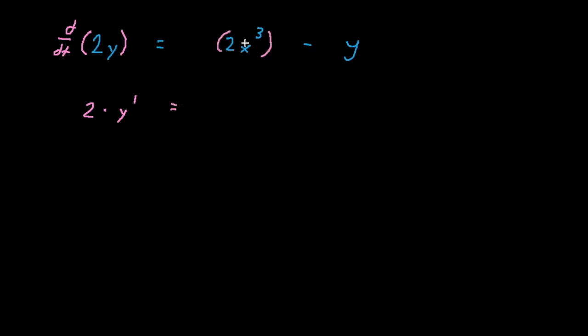Then we'll take the derivative of this part with respect to time. The derivative would be 6x squared, but since x and t don't match, we'll also need to have multiplied by x prime. And then finally, we'll take the derivative of this last part, and it's y. The derivative of y is just 1 times y prime, or we can just write y prime.